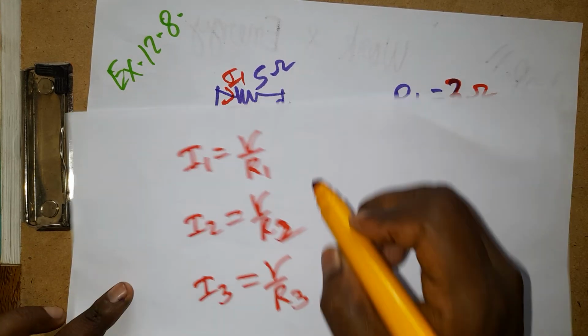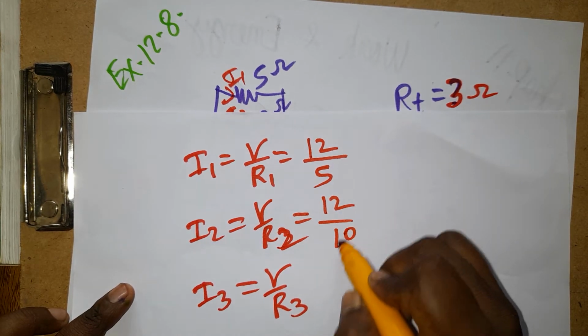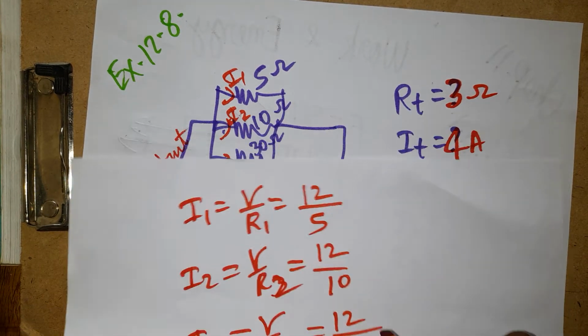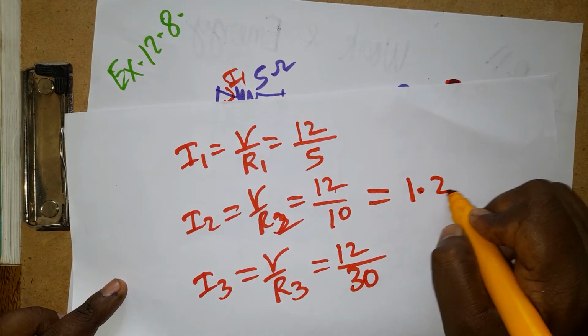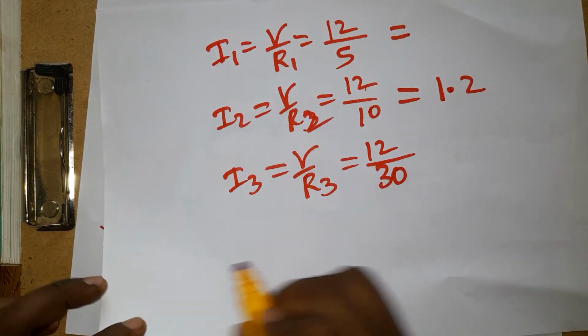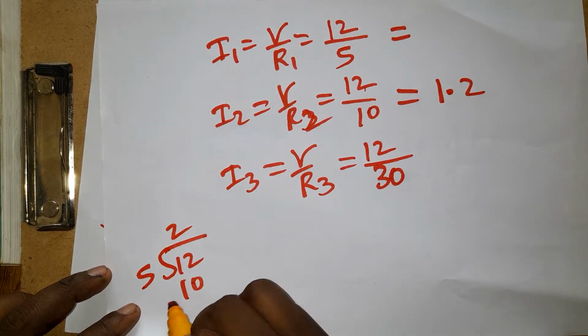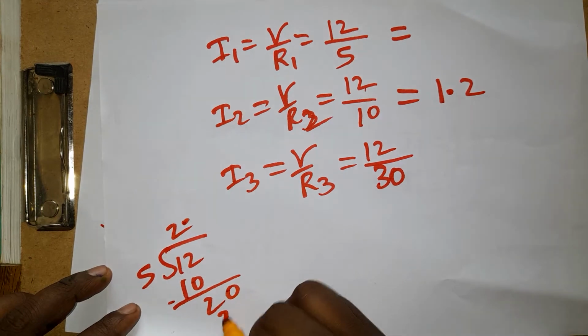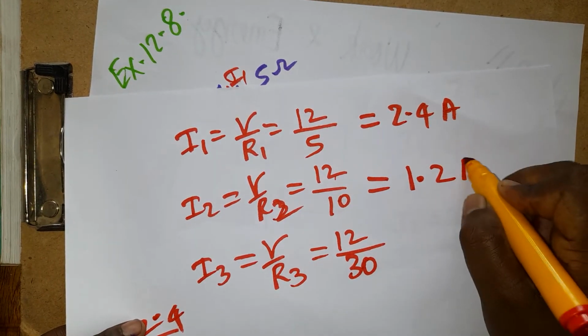What is V? 12. So 12 by 5, 12 by 10, 12 by 30. 12 by 10 is very simple, 1.2. 12 by 5 is 2.4 ampere. So I1 is 2.4 ampere and I2 is 1.2 ampere.